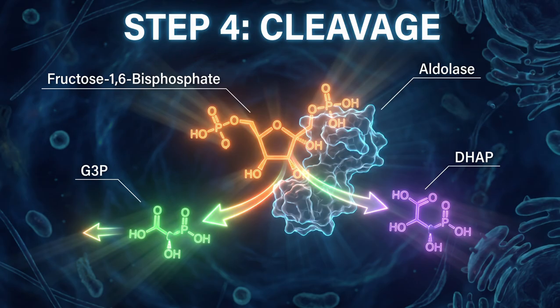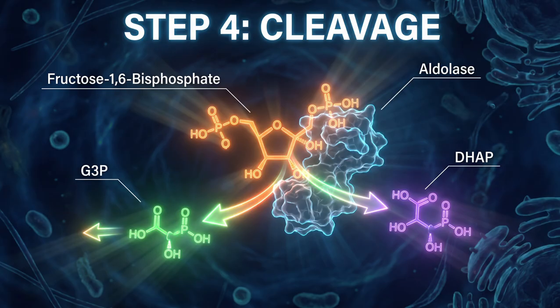DHAP is enough for you, okay? So the fructose 1,6 bisphosphate is cleaved into DHAP and G3P. G3P is glyceraldehyde 3 phosphate, and this is done by the enzyme aldolase. The enzyme aldolase performs this reaction, right? The DHAP is converted into another glyceraldehyde 3 phosphate, right?